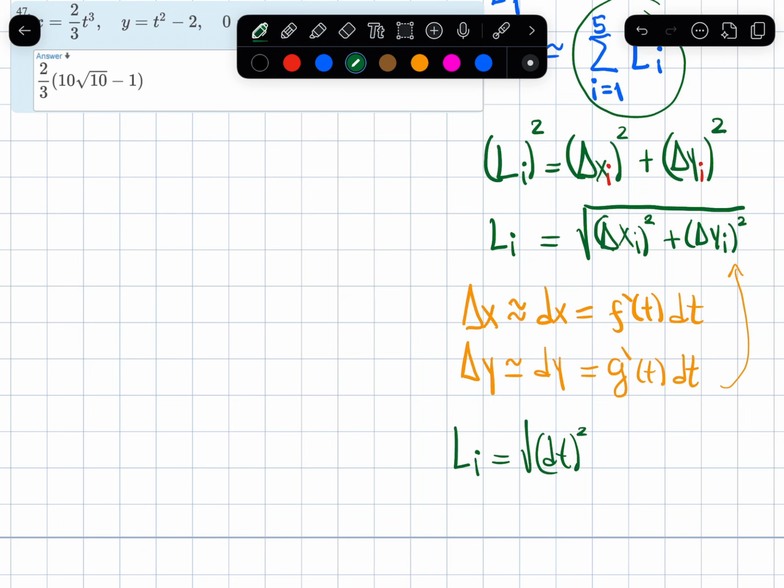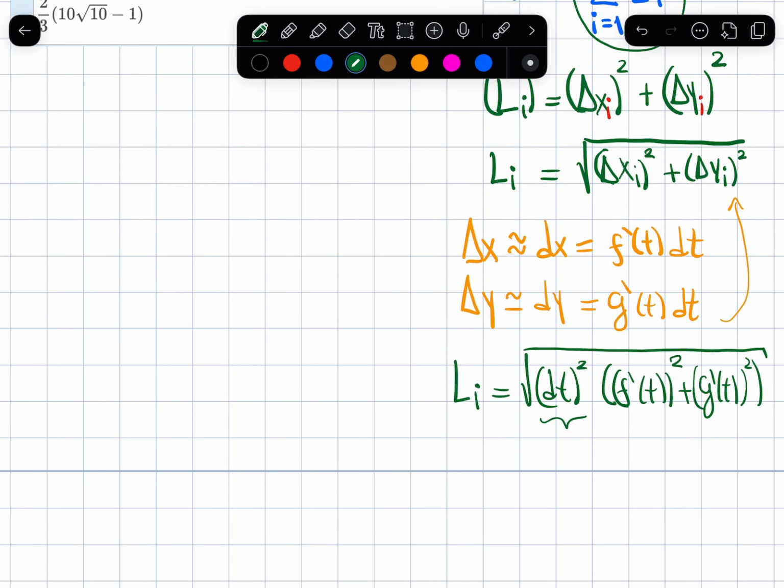So dt squared times f prime of t squared plus g prime of t squared, all of those underneath the square root, and because this is squared and it's multiplying this entire thing, it gets to come out of the square root, and I get to say this is the square root of f prime of t squared plus g prime of t squared, all of that times dt. Okay, so this is your Li. In fact, this is just an approximation for each Li, and in fact, this is not just f prime of t, this is f prime of a specific t, some ti that's close to Li over there.